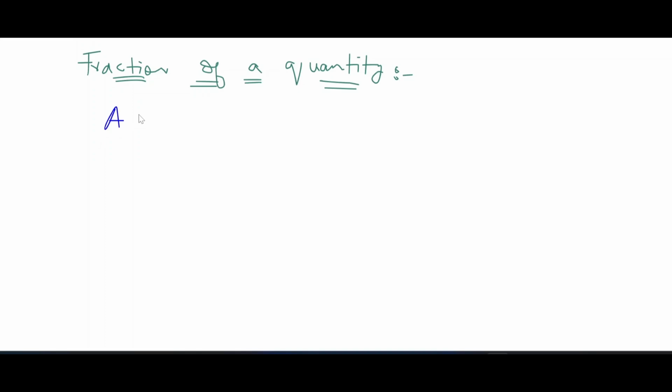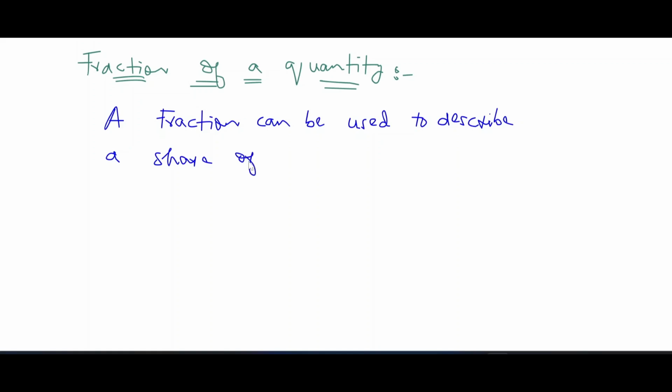What is the work of the fraction? A fraction can be used to describe a share of a quantity.